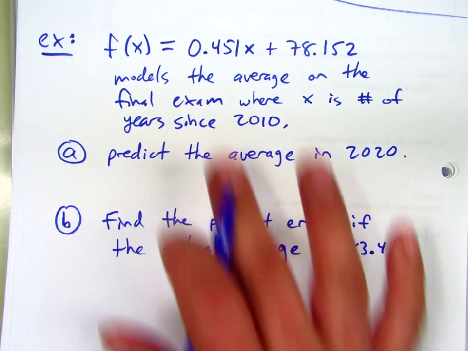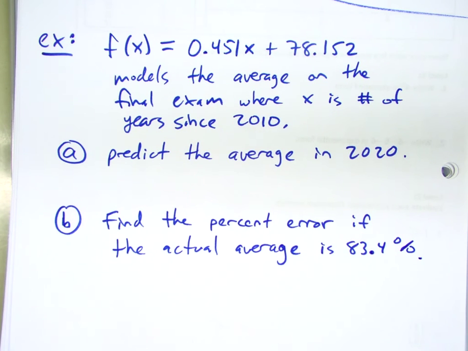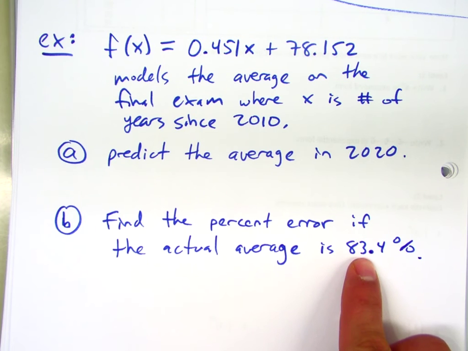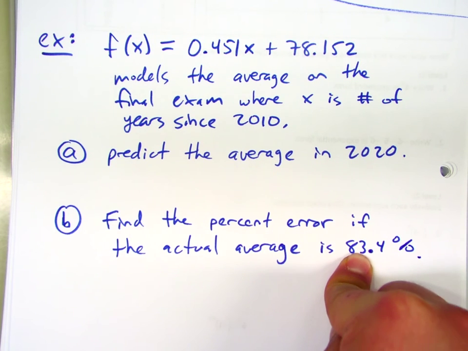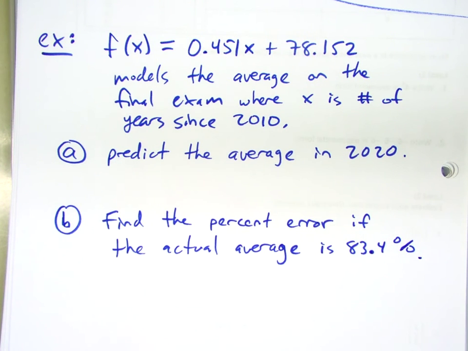So here's a model. Use it to predict what the average is in 2020. And now, supposing that this 83.4 is the actual average, what was the percent error from our model?